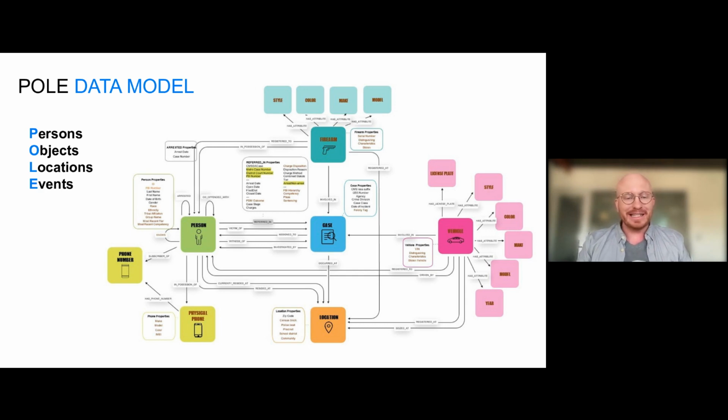Another object that you can easily track in this relationship manner is cars, because we have VIN numbers associated with cars. The L stands for locations, and this is exactly what you'd think. They are physical locations in our geospatial environment.